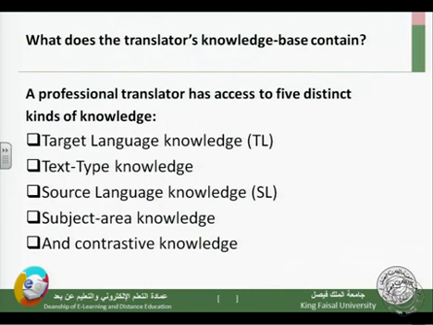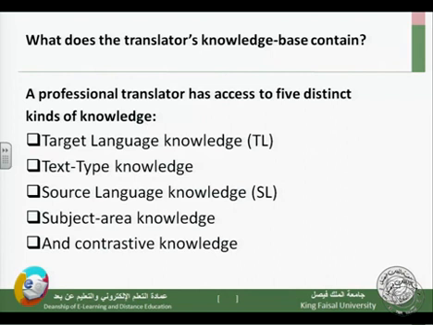Now, if you ask me, what does the translator knowledge base contain? What kind of knowledge does the translator have to have in his mind? It's a very good question. Now, the translator, or a professional translator, has access to 5 distinct kinds of knowledge. He has to have knowledge of the target language.